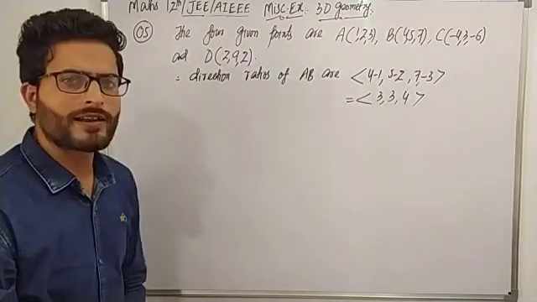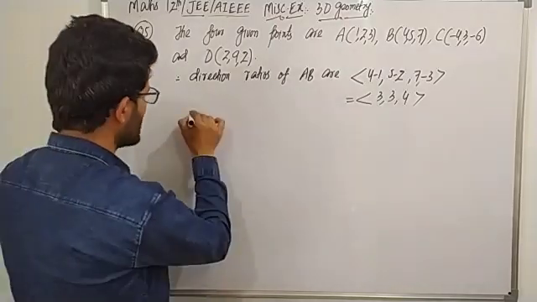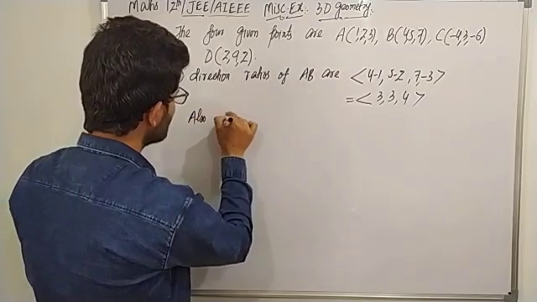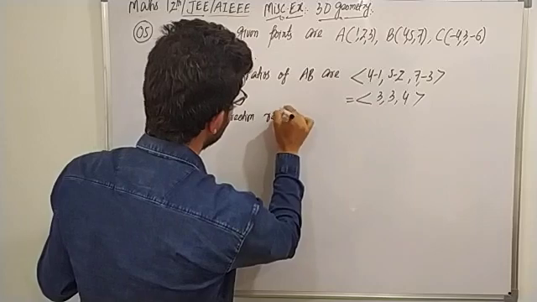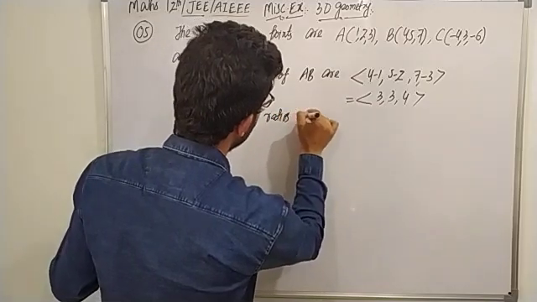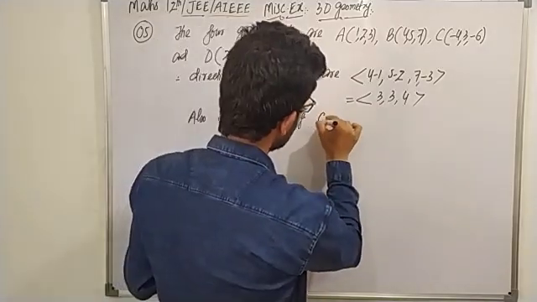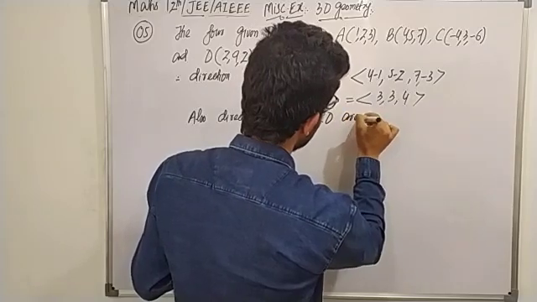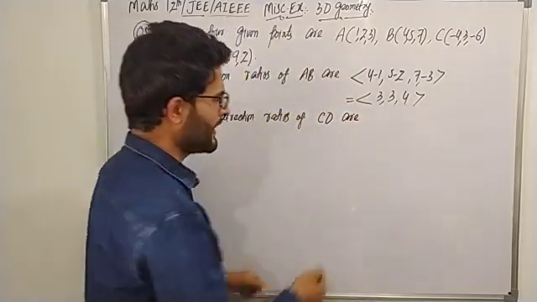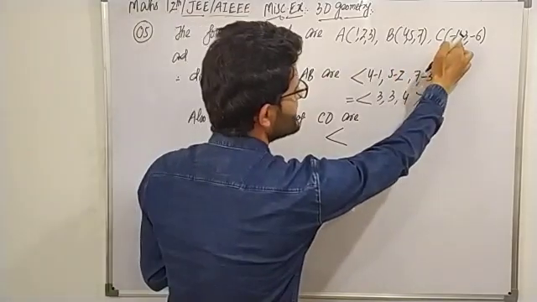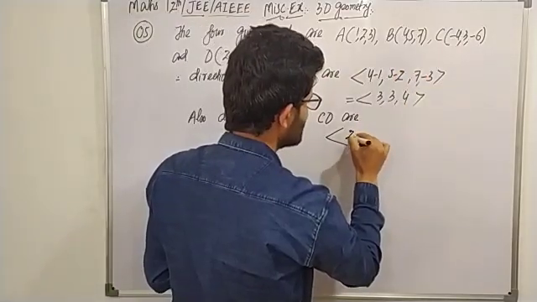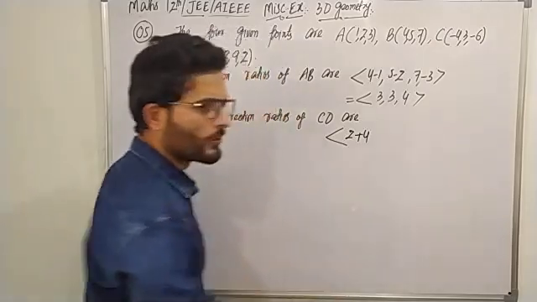Similarly, we can calculate the direction ratios of CD also. Direction ratios of CD are, तो CD के डायरेक्शन रेशियो क्या बनेंगे, again ordered 3 tuple of x2 minus x1, that is 2 minus 4 which is 2 plus 4.